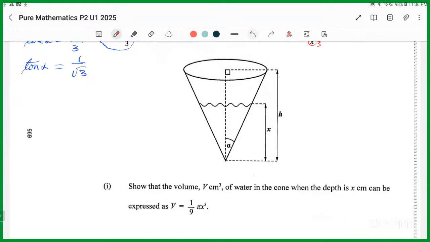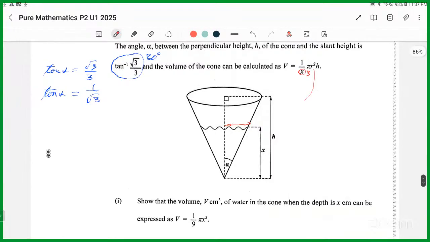I'm talking about the volume of the water, so at this level we need the radius. Put in this formula for the radius. The height is already x, this height is x. Now that h is the overall height. Talking about the volume here, the height is x.